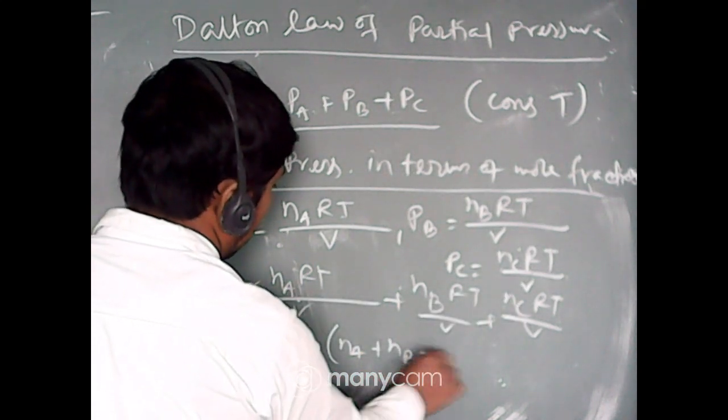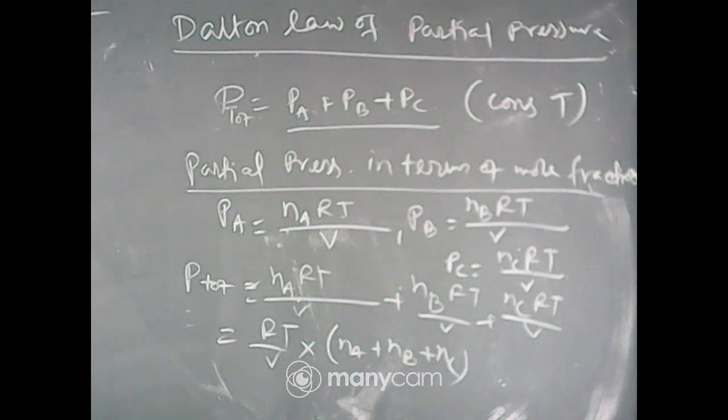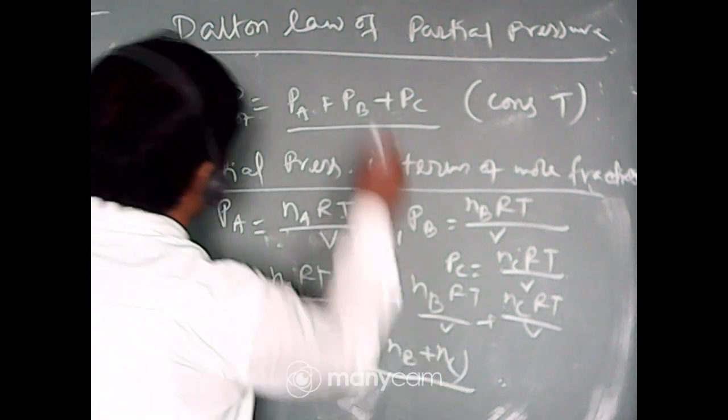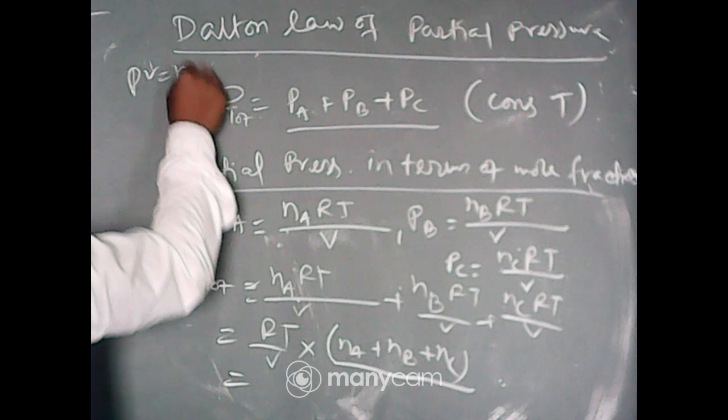From the ideal gas equation, if the total number of moles is N, then NA plus NB plus NC equals N, because we have taken the ideal gas equation PV equal to nRT.